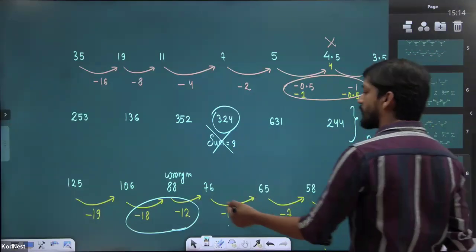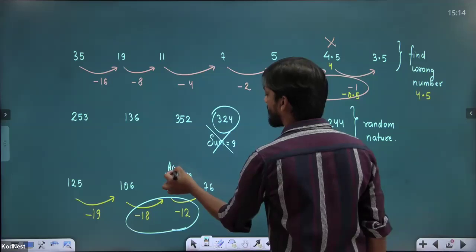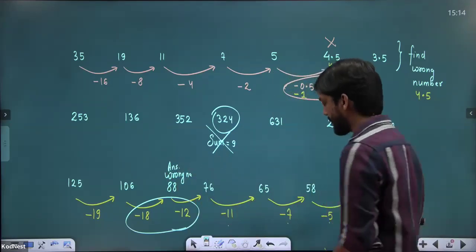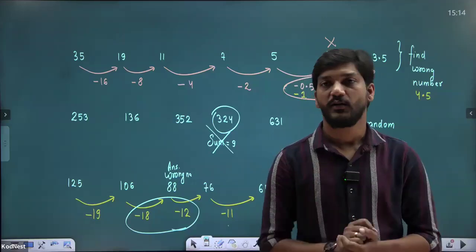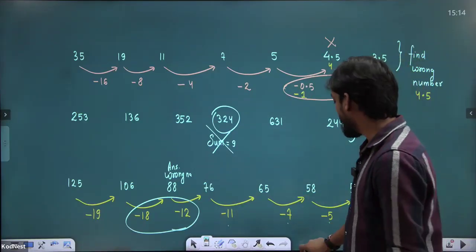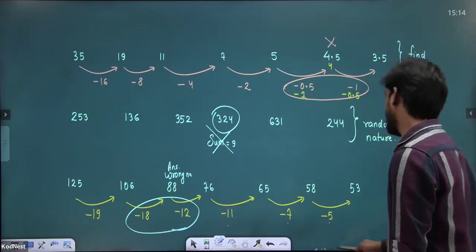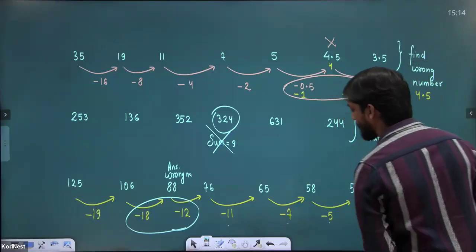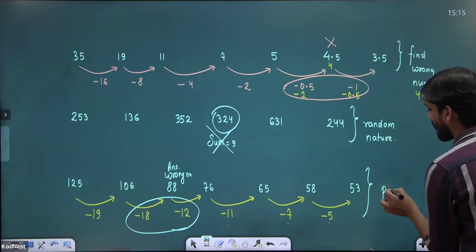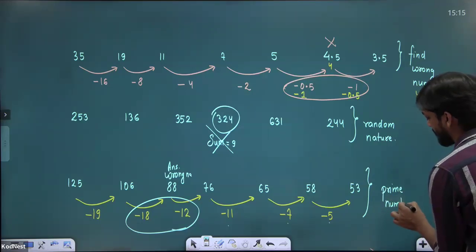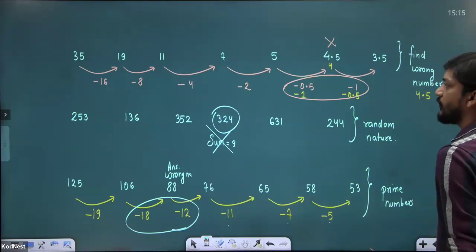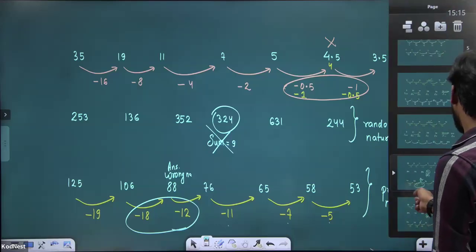So 88 is the wrong number. Okay. It is wrong number actually, but right answer. So let me write this. The logic is based on prime numbers. All right. Let's see next.